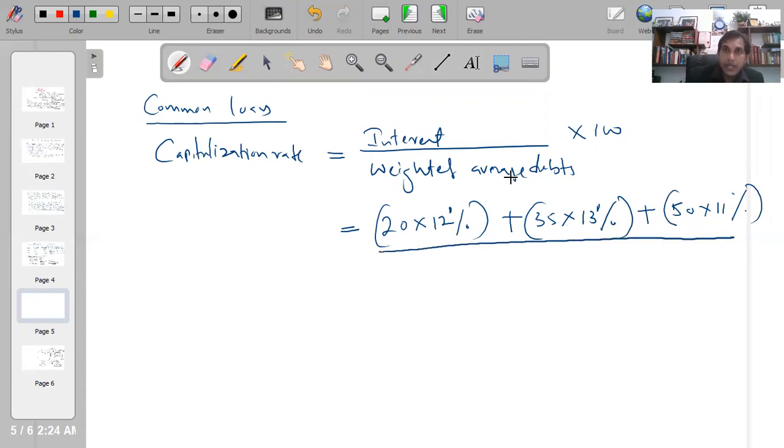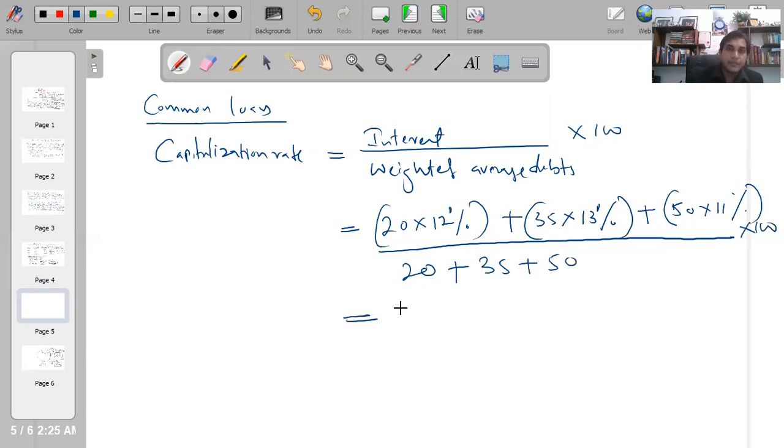Then what you need to do? Weighted average debt. There is no such repayment and all. So you can take the totals of these loans. Here 20 million plus here 35 million plus 50 million, multiply by 100.